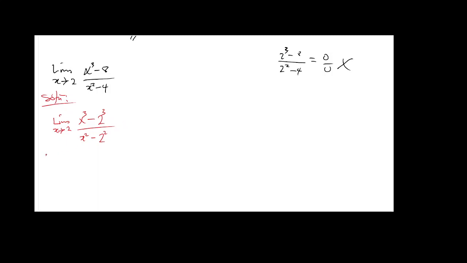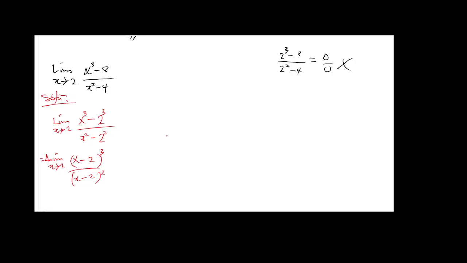We can have the limit as x approaches 2 of x minus 2 cubed all over x minus 2 squared.